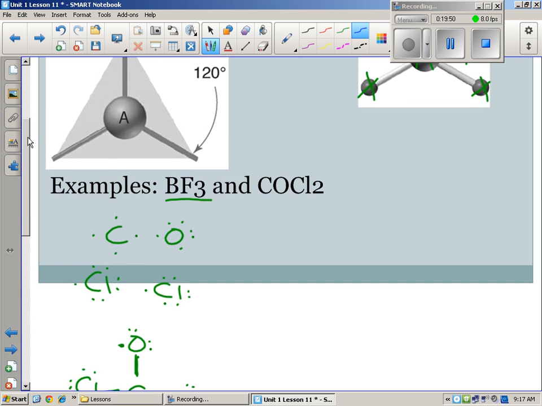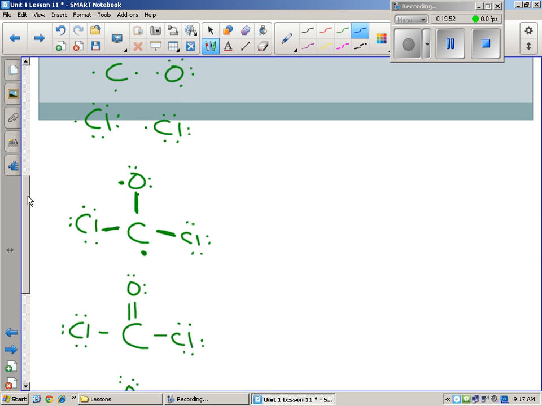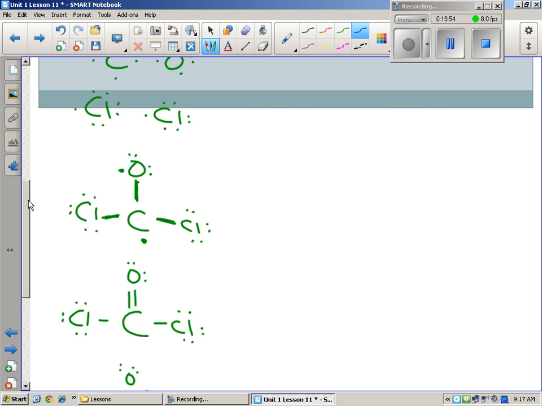Right? The next one we have to do is make the VSEPR shape for BF3. Unfortunately, for BF3 we have to draw B, so B looks like this. We've got 3. We've never drawn B before, have we?